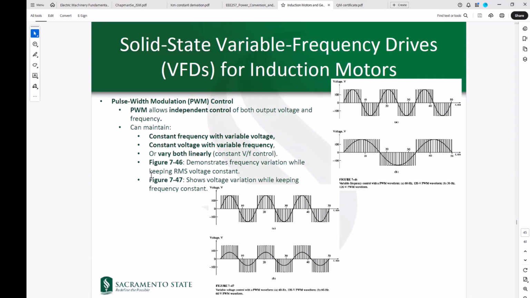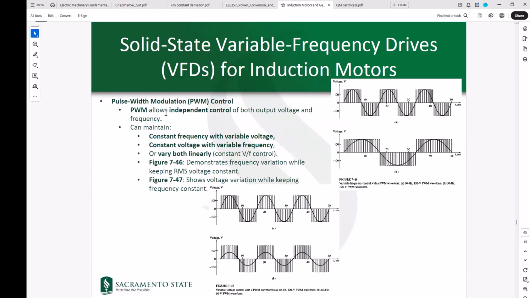So it is based on creating the desired waveform out of very fast switching of the solid state switches, switching the voltages between 0 and certain values, like what you see here. This has the advantage that overall it can produce the fundamental portion of the voltage that is controllable in both magnitude and angle.